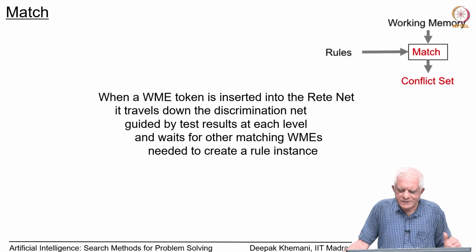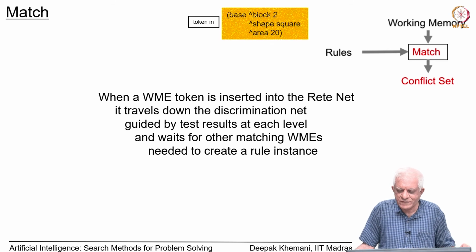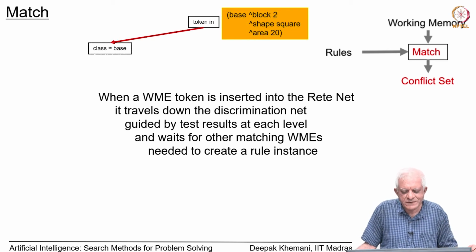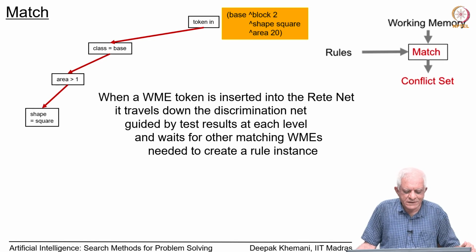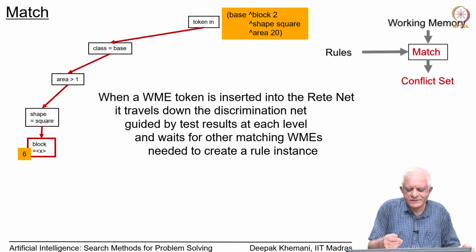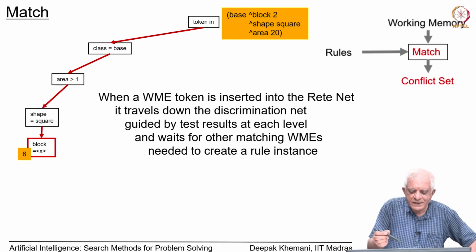So, let us illustrate this process. You put in a token and let us say this token is one of the tokens that we mentioned in the working memory last time. It does a test at each level in the alpha network and travels down essentially. So, let us look at this in a little bit of detail.